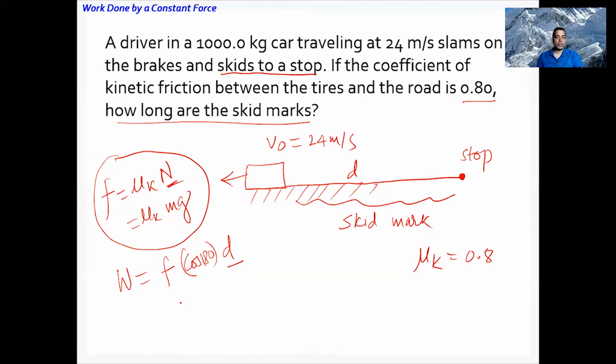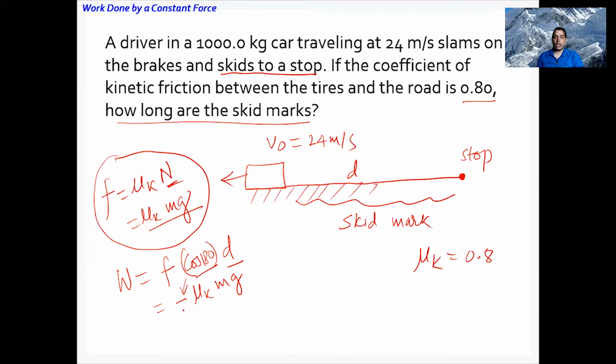So you end up getting work done is negative. F is mu k mg, so work done is negative mu k mg cosine 180, which is -1.